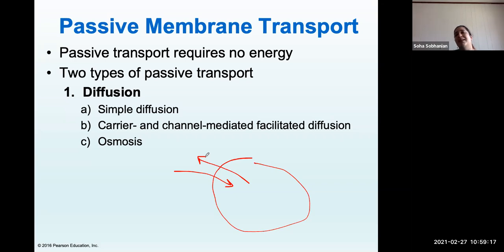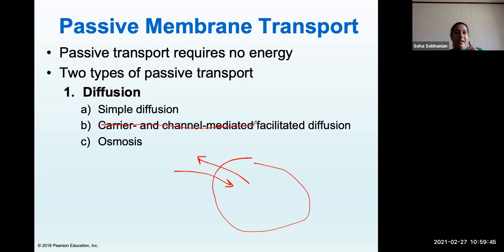But I say, I'm just gonna zip in and out anytime I want because I'm small and I'm cute and I can get in and out anytime I want, okay? That is called simple diffusion, okay? I don't need any help. I can go from high to low until I reach equilibrium. That's simple diffusion.